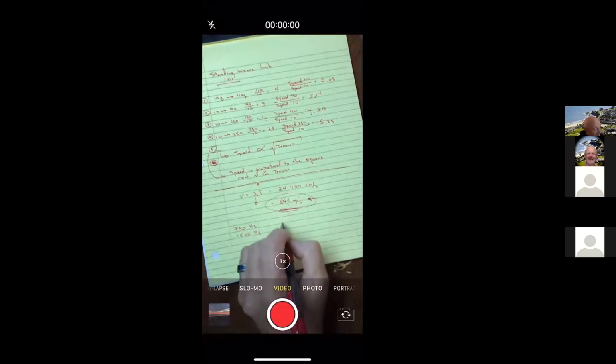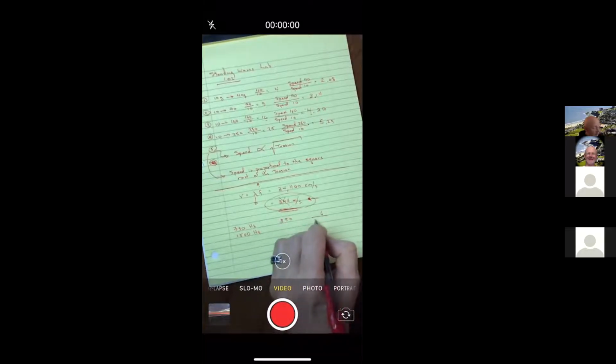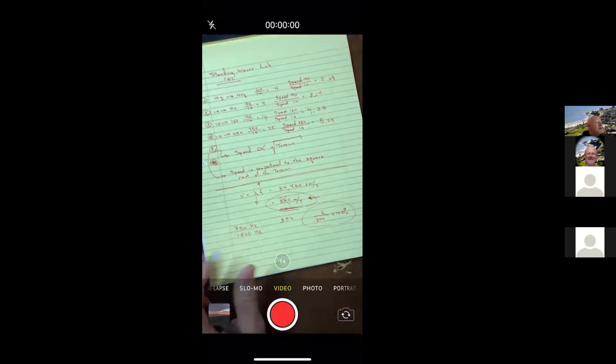Let's say instead of 344, I got 350. What that would mean is I was 6 off. So I would go 6 out of 344, then multiply by 100%. And this would be my percent error, saying, okay, how close did I get?